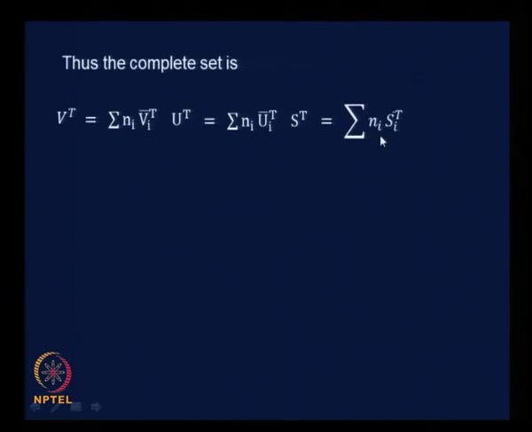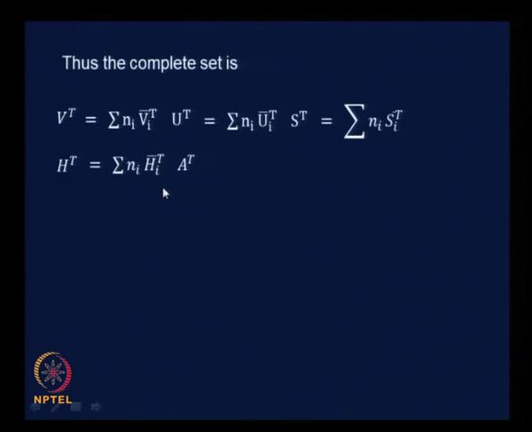You would have found it reasonably simple to write this down. Vt, the total volume, is nothing but the summation of Ni times the partial molar volumes. Ut is nothing but the summation over Ni times the partial molar internal energies of each component. St is nothing but the summation over Ni Ŝit.